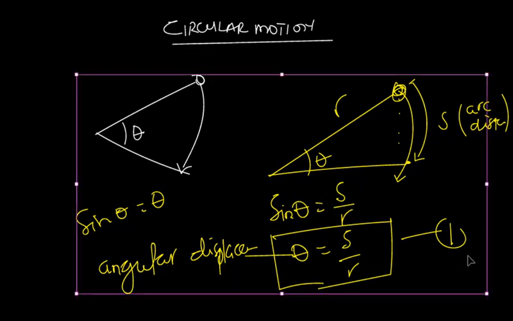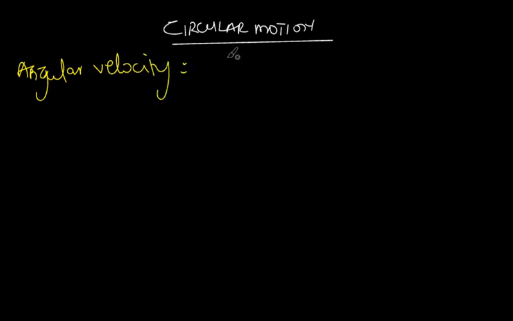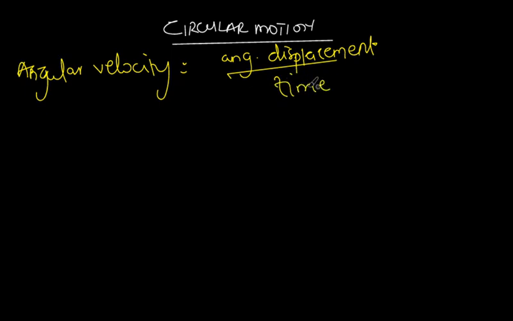Angular velocity is simply the ratio of angular displacement divided by time. Now the angular velocity is represented by this symbol, omega, which is a special one, and the angular displacement is what we saw earlier on, which is theta, divided by time.